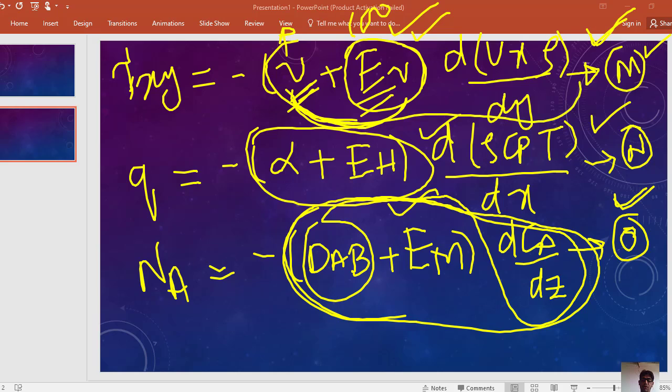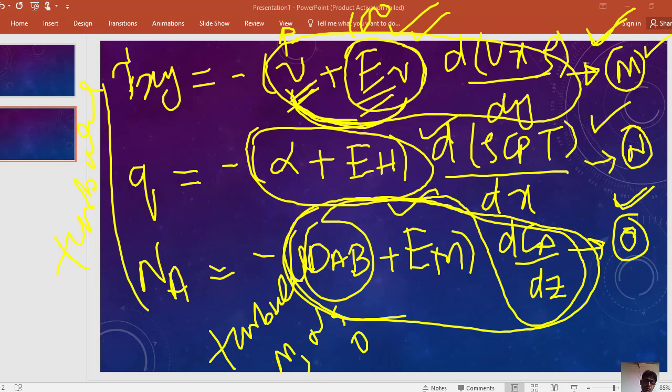These two terms also show us the combined momentum flux. So for the turbulent flow, equations M, N and O are used. In turbulent flow, the momentum flux, the energy flux and the mass flux are increased. Turbulent flow increases all these three transport phenomena many times. That means it can increase the mass transport, energy transport and momentum transport 100 times as compared to the molecular transport. So this is all about the momentum, energy and mass transport analogies.